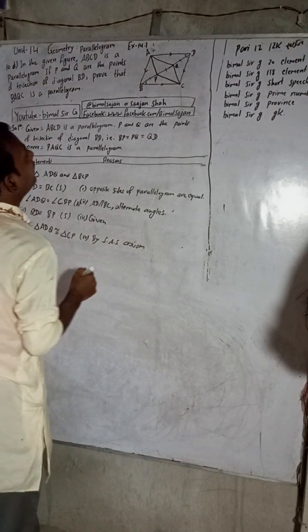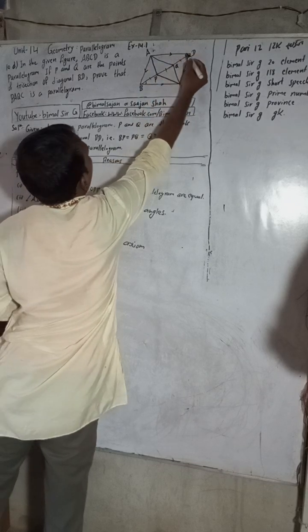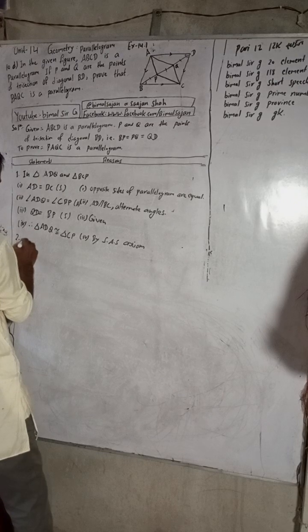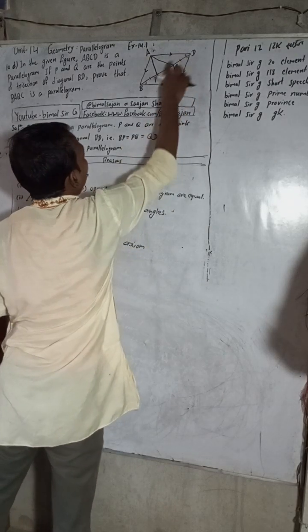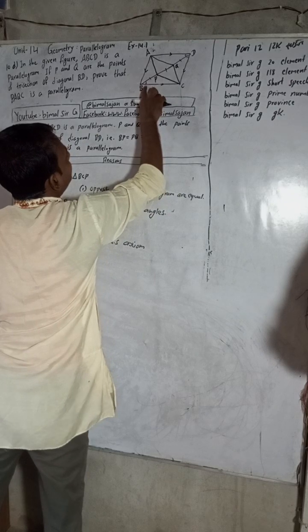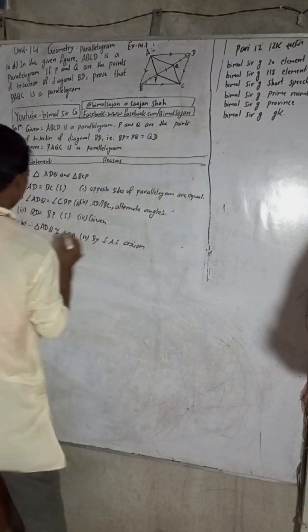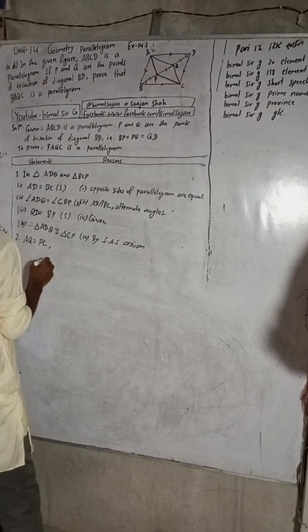Now in number 2 we can write here: the side corresponding to this angle is AQ. So AQ is equal to, since this angle is equal to this angle, the side corresponding to this angle, PC. AQ is equal to PC. Also now we can write the angle.